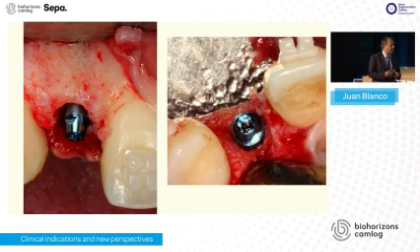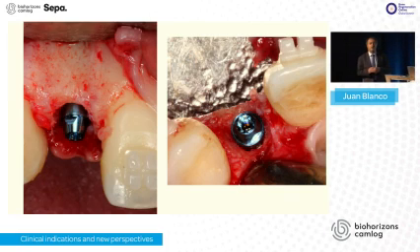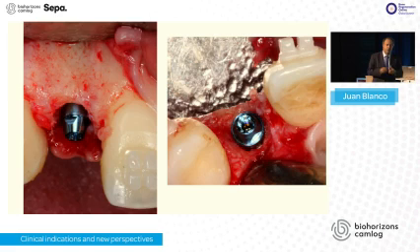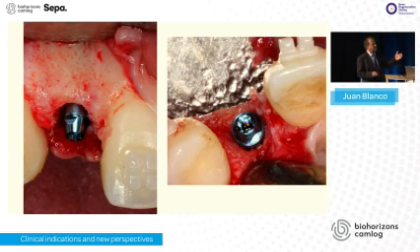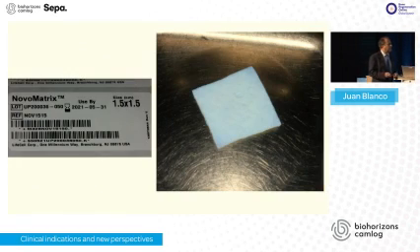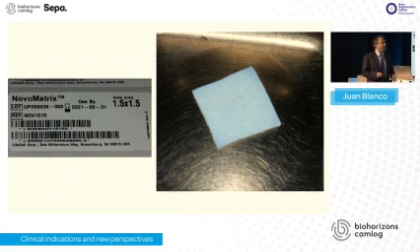It's very rare that we use submerged technique, just in cases where the primary stability is not good, or we need to do such a big regeneration, bone regeneration, that we need to cover everything to avoid risks, for sure. Then, once we do this, we proceed to design the shape of the membrane to have a nice shape to be adapted to that defect.